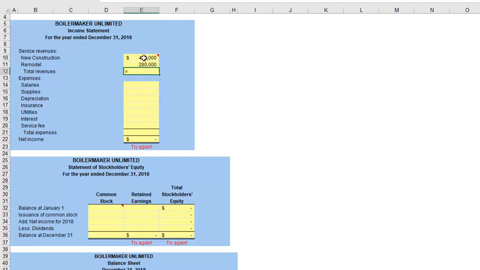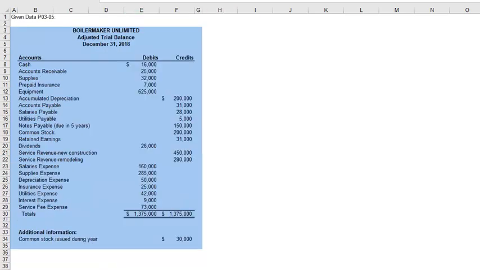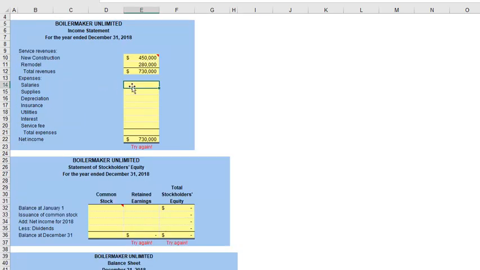And we can do a quick sum here to give us a total of $730,000. Now we're going to take a look at these expenses. I'm starting with salaries expense of $160,000 and moving through service fees expense of $73,000. So let's come over here.